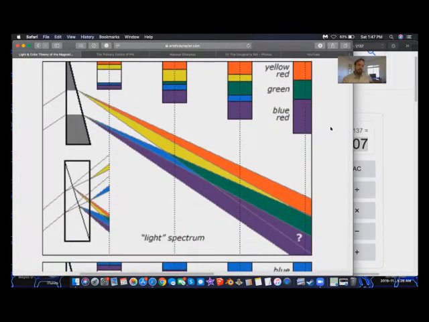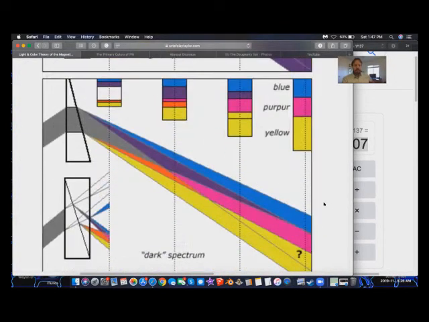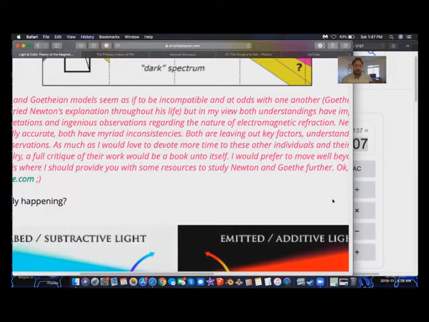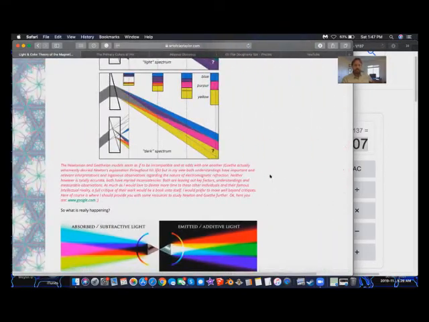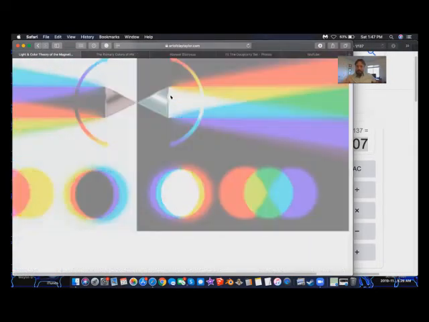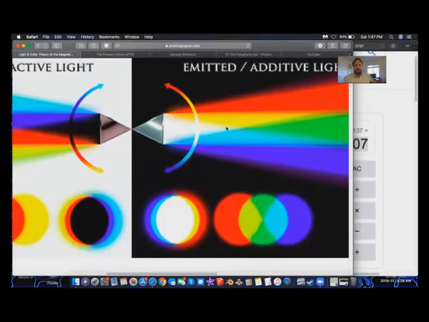He realized that there are discrete bands of color coming out of here, and they're interacting with each other. It's not such a linear process as Newton describes. So here we're getting closer to how it works. I don't think this is a perfectly accurate model, but it's definitely much more accurate as far as the geometry of refraction. It is not a linear red, orange, yellow, green. There is a process here.